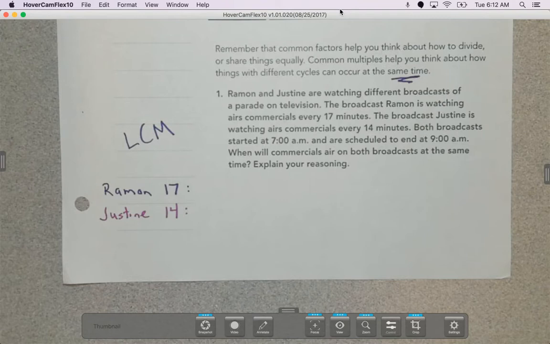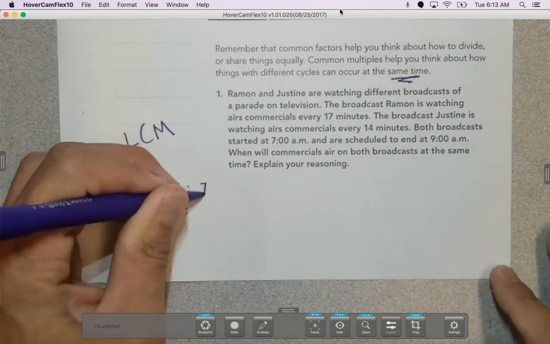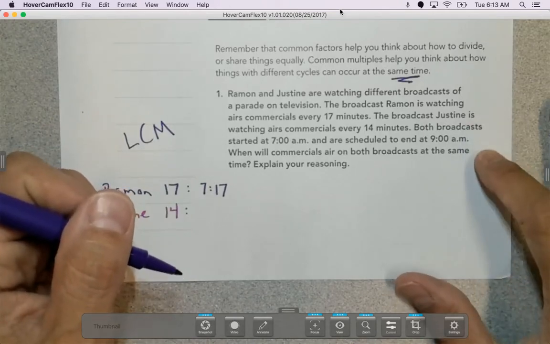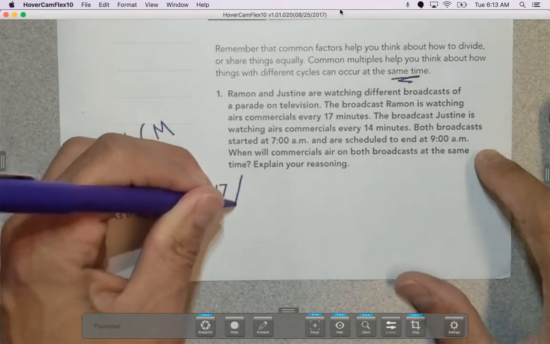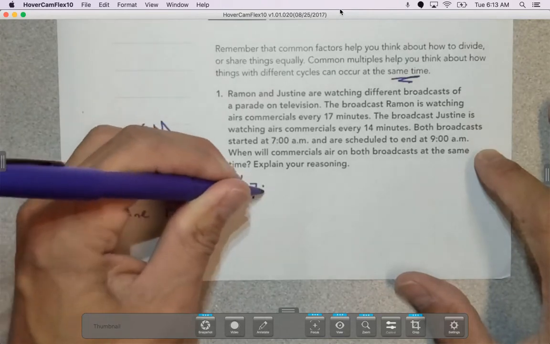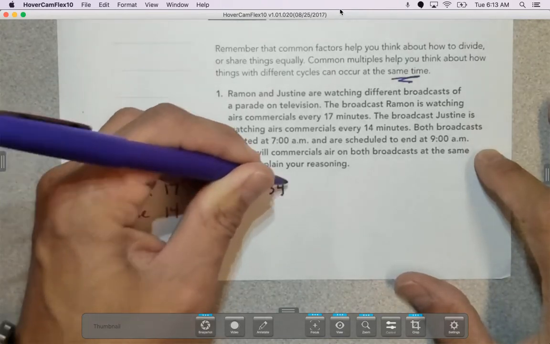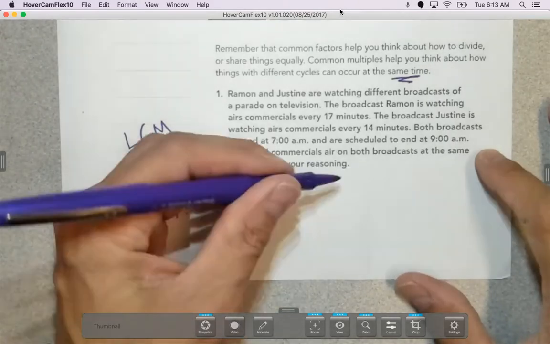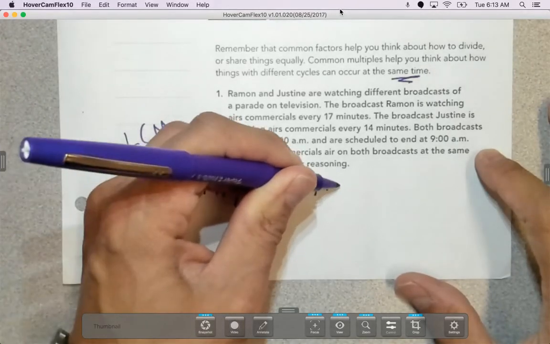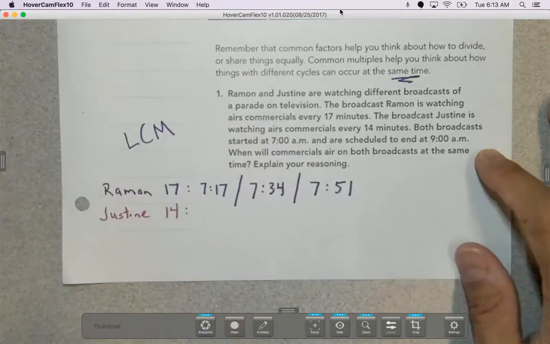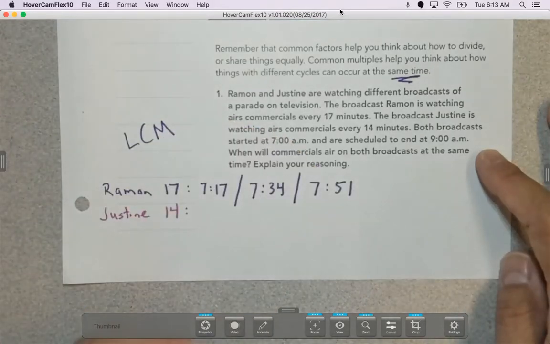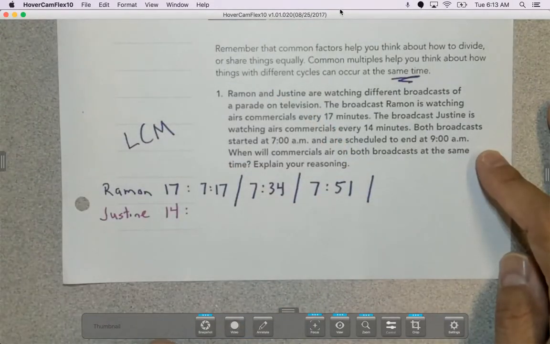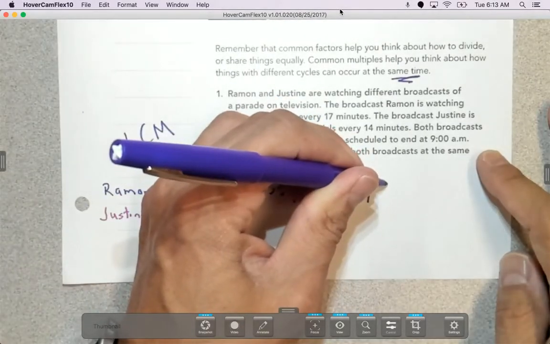So according to this, 7:17. Then the next one would be at 7:34. Let's see here, I'm going to add 44, 54, and then take away 3, so 7:51. 61, 8:11 minus 3, 8:08.